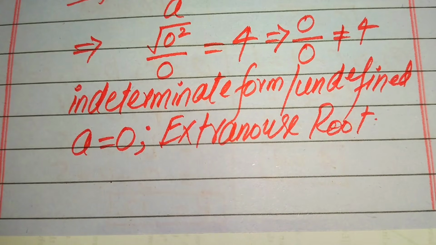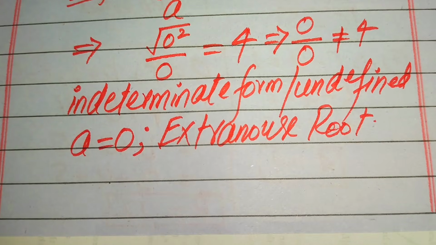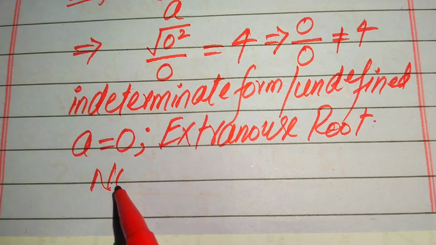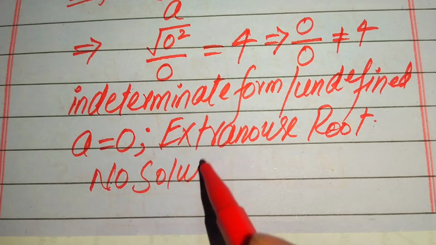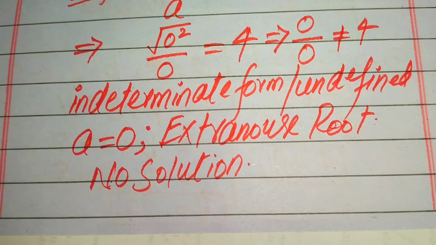Further, we cannot get any other value of a which satisfies the given statement. So finally we conclude that this question has no solution, which we get here from the first method.